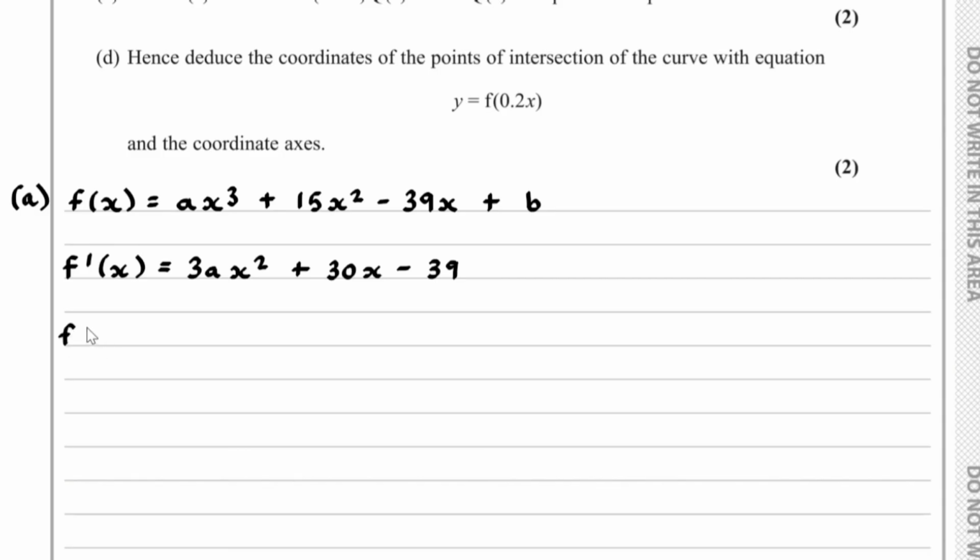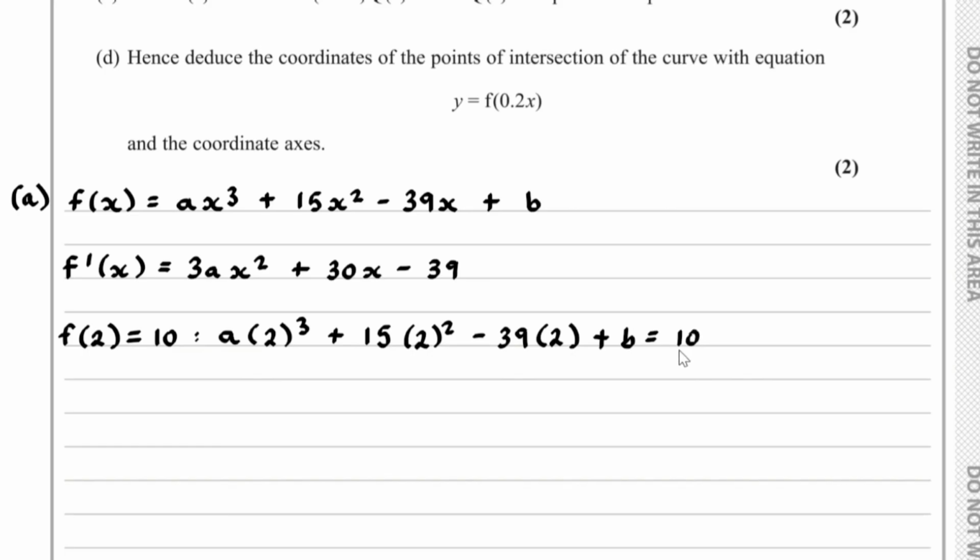Now, we're given that f of 2 is 10. So if we use this information and substitute it into here, we've got a lots of 2 cubed plus 15 lots of 2 squared minus 39 lots of 2 plus b. This is equal to 10.